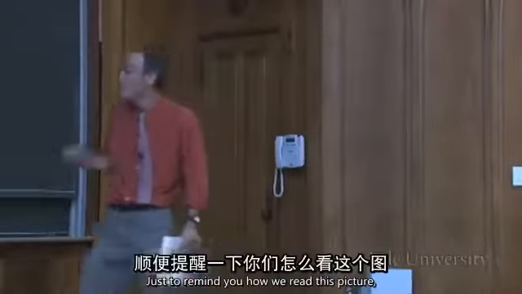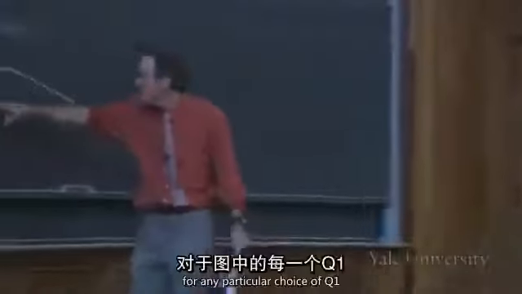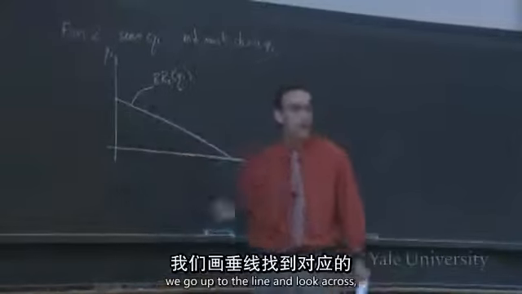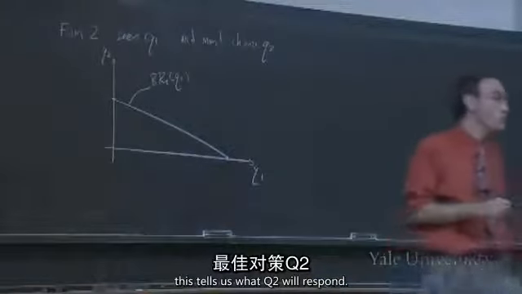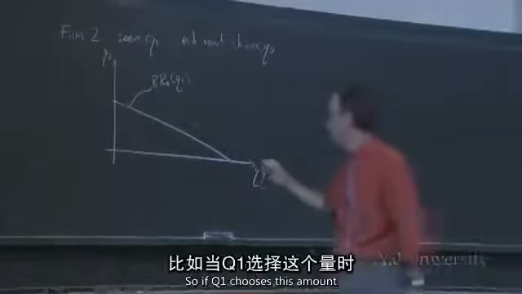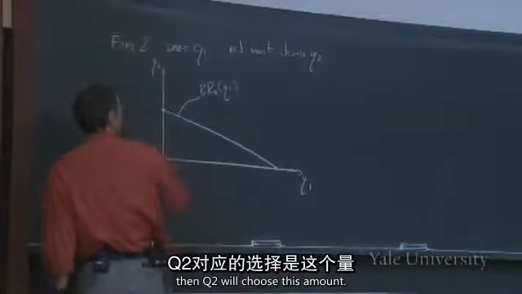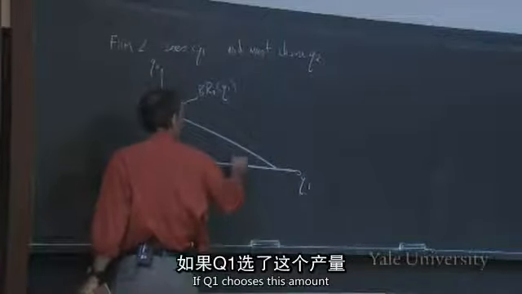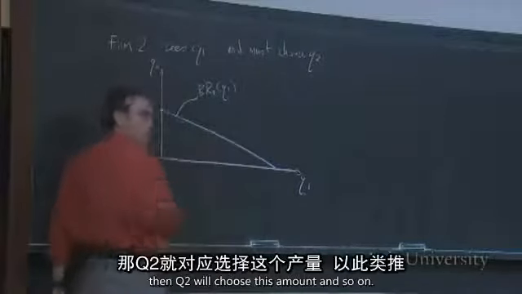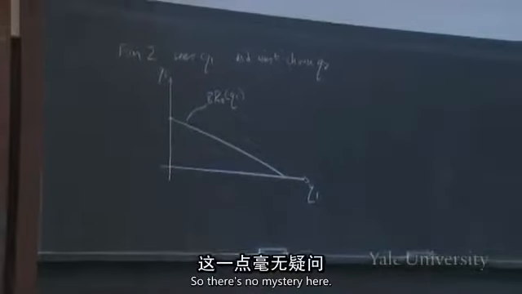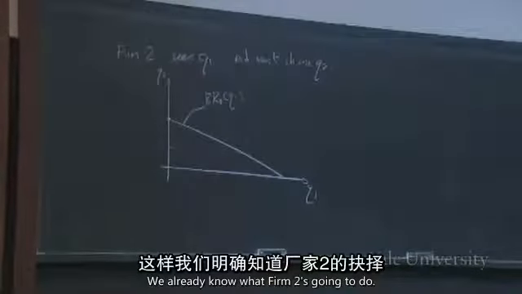And just to remind you how we read this picture, for any particular choice of Q1, if we go up to the line and look across, this tells us what Q2 will respond. So if Q1 chooses this amount, then Q2 will choose this amount, and so on. There's no mystery here. We already know what firm 2 is going to do.